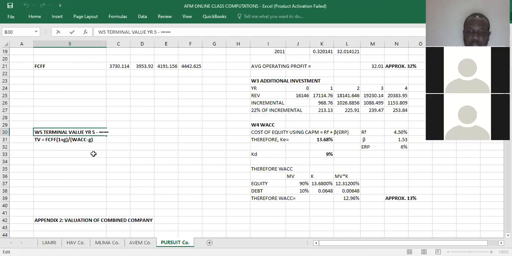Okay, now that we have our free cash flow, we'll use year 4's cash flow.